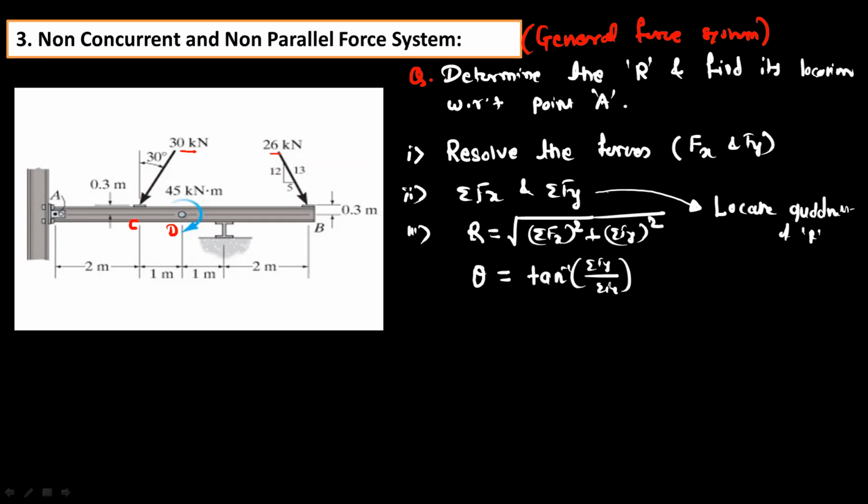Depending on summation Fx and summation Fy, you can decide whether the resultant is in the first, second, third, or fourth quadrant. For that you have to observe the sign. Then you can find out the resultant angle theta. After that, to find out the position or location of the resultant, we have to use Varignon's theorem.